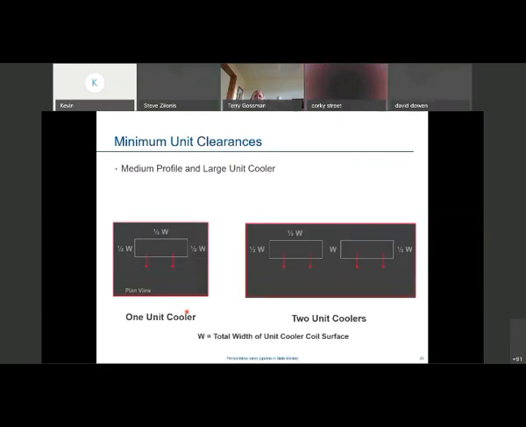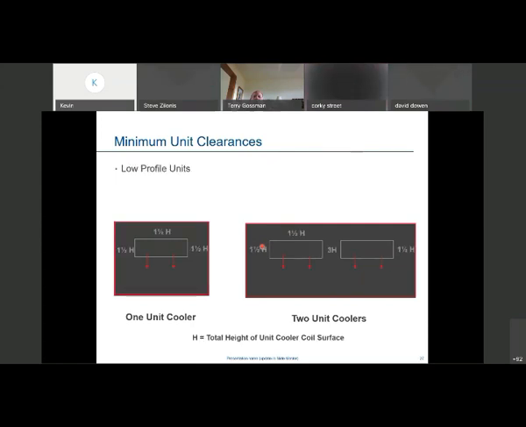So medium profile and large unit coolers. This is a warehouse type situation where you've got one unit cooler, at least half of the width of the unit away from the wall, and half the width going the other direction too. When you have two unit coolers, basically you've got 1 times the width in between those coolers, and a minimum of half the width on the other sides.